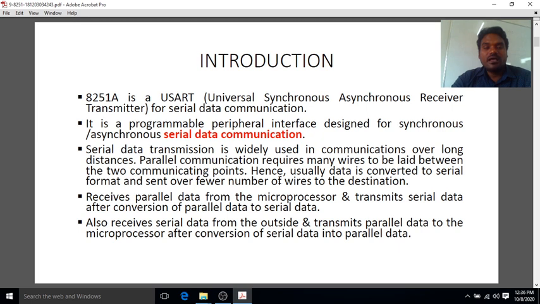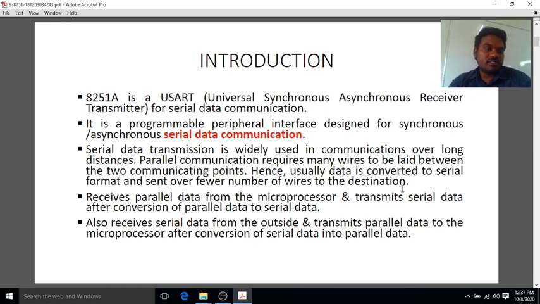Even though it is slower compared to parallel communication, less hardware is required for serial data transmission, and it can be achieved by making use of a programmable integrated circuit, the 8251A, Universal Synchronous, Asynchronous, Receiver and Transmitter. Hence usually data is converted into serial format and sent over a fewer number of wires to the destination.